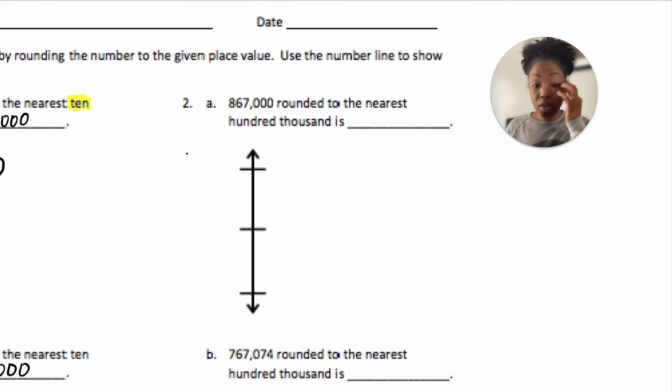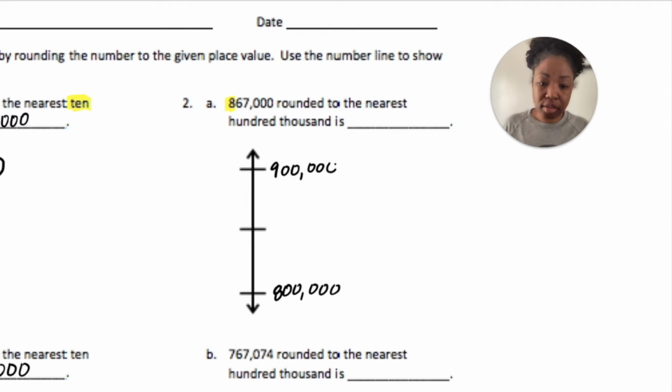Okay, on to number 2. This time we're rounding to the nearest 100,000. I have 800,000s. That's the bottom number, 800,000. Top number, 900,000. Halfway would be 850,000, right?